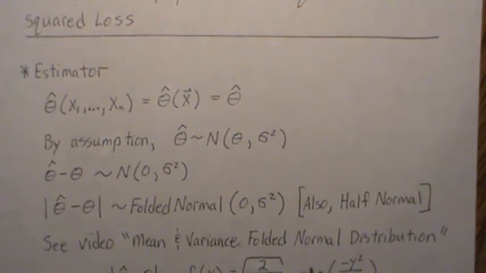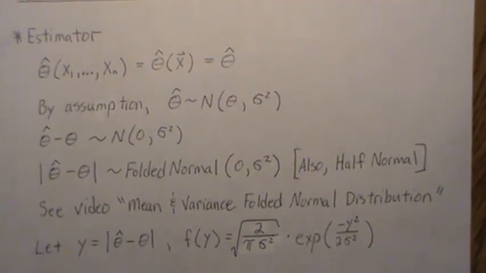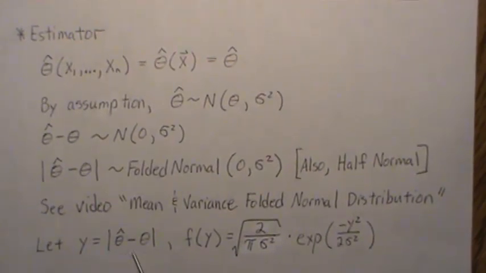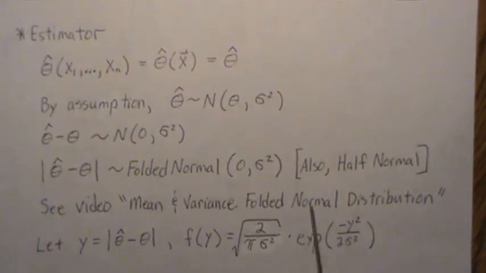So I have two videos, called mean and variance, and one is a folded normal distribution and the other is a half normal distribution if you want to see a little bit more about these distributions. So if we let y equal this absolute value of this difference, it's what's called a half normal distribution, or folded normal, but the specific case is half normal. So the density is this, and we derive this density in both the videos on folded normal and half normal. So this is the density.